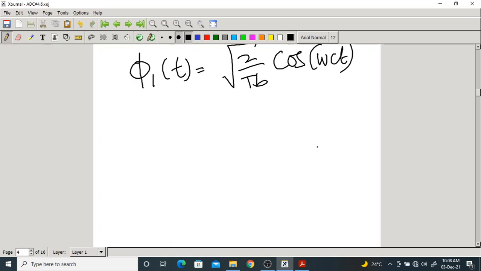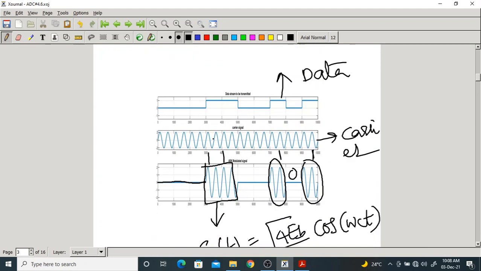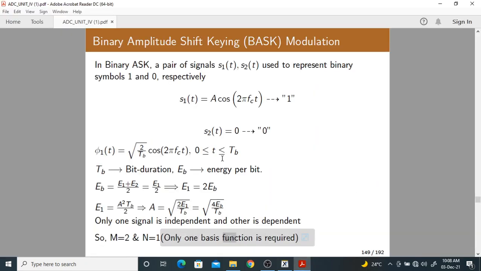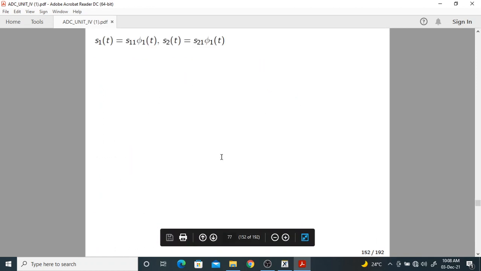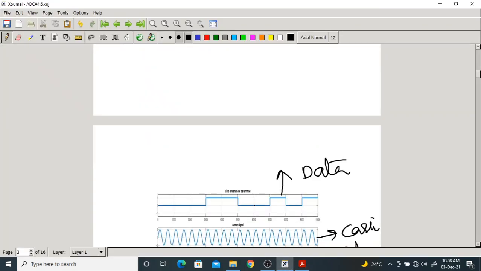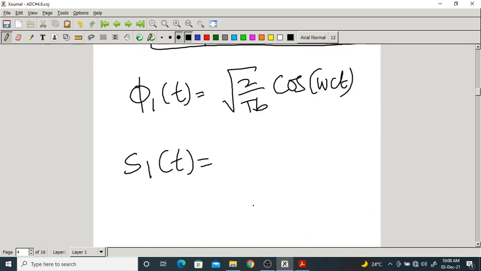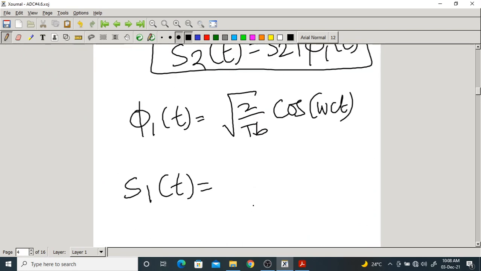Finally, if I want to write s1 of t and s2 of t in terms of phi 1 of t, s1 of t is root 2 EB phi 1 of t.